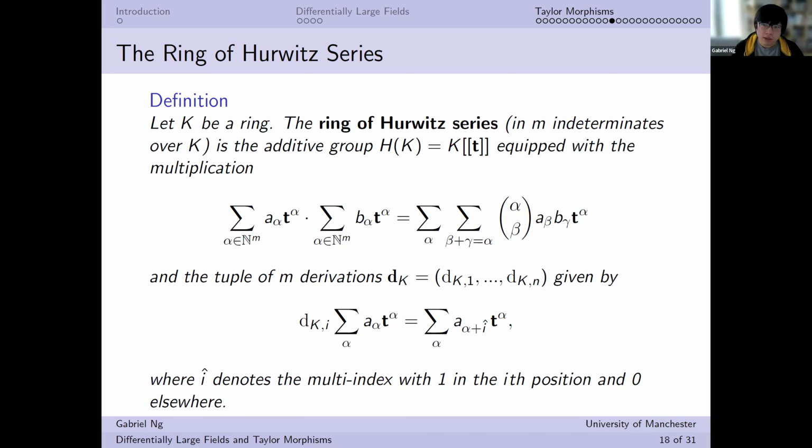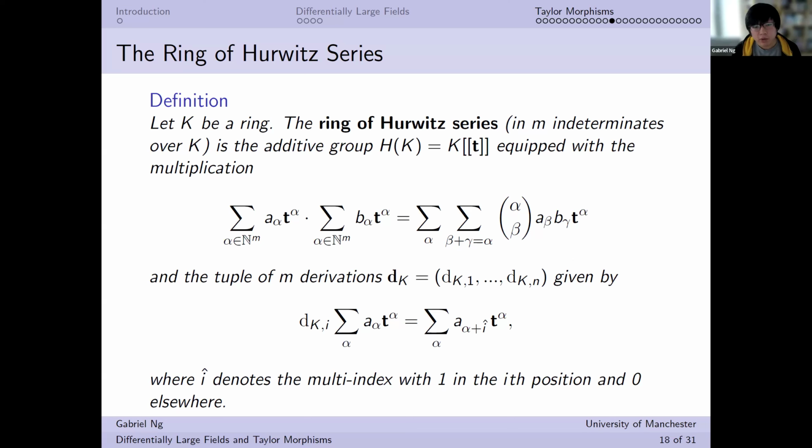The ring of Hurwitz series, and we'll say in m indeterminates, because we have m derivations, is as a group, as an additive group, the same as the ring of formal power series, but we replace the usual multiplication with this one. In particular, you'll notice that there are these binomial coefficients inside the multiplication.